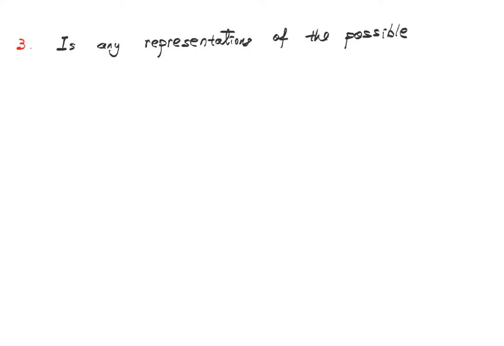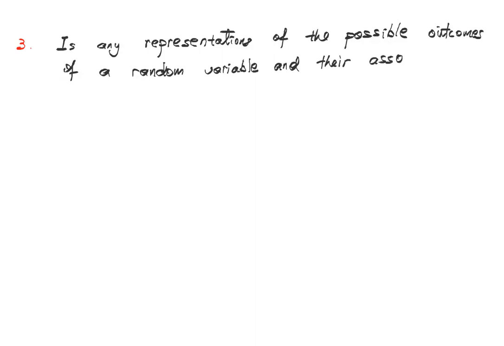So when we talk about statistics, when we talk about probability, we always have the words possible outcomes of a random variable and their associated probability.